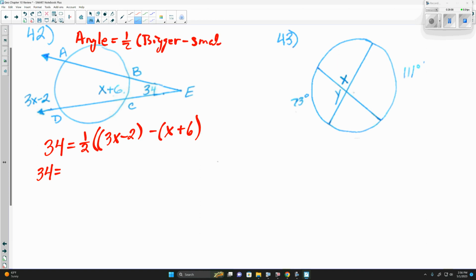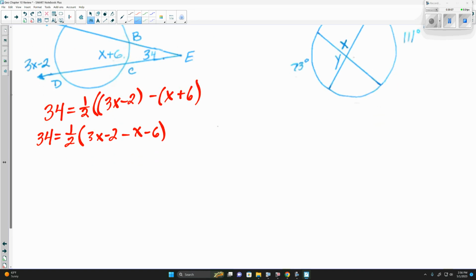So here, we'd have 3x minus 2 minus x minus 6, because we have to distribute the negative. Now 3x minus x is going to be 2x. Negative 2 minus 6 would be negative 8.